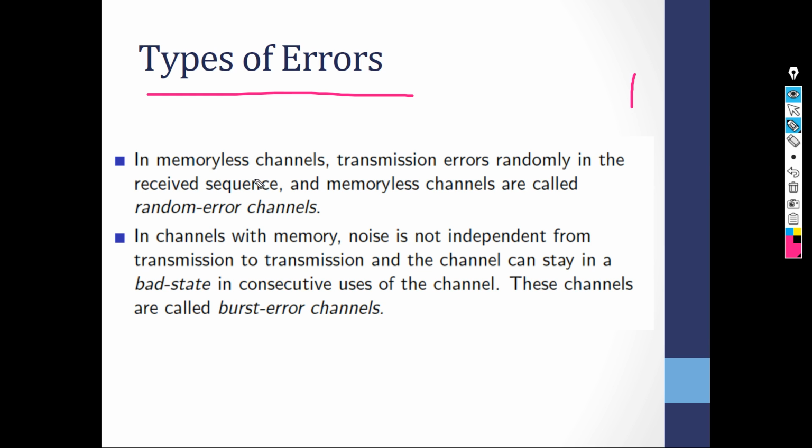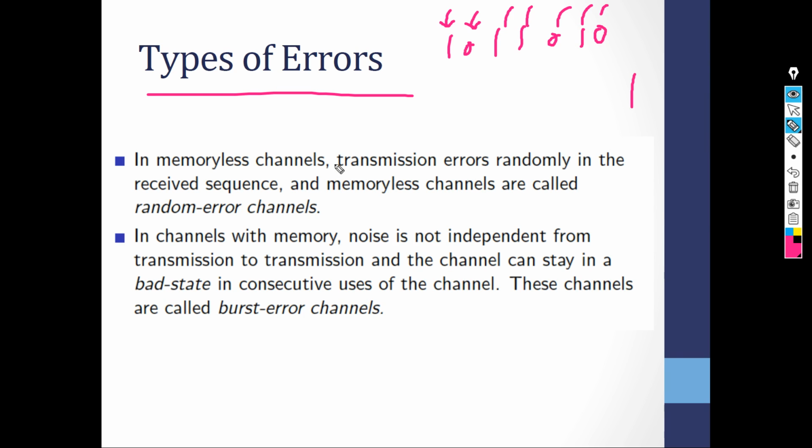So in memoryless channels, transmission errors are random in the received sequence, and memoryless channels are called random error channels. This means that if you have a received sequence like this, then the channel affecting each of these bits is independent from one bit to another. They are independent from each other.